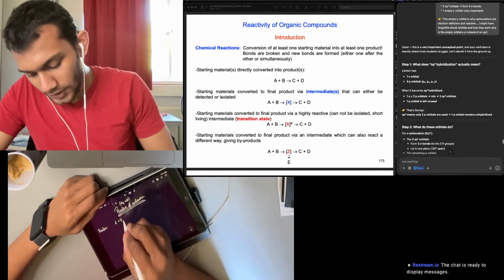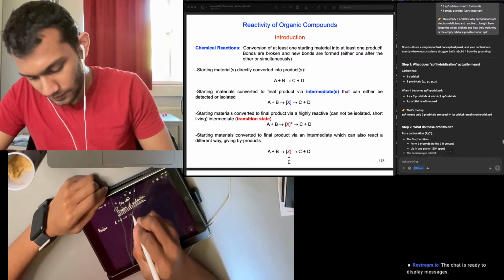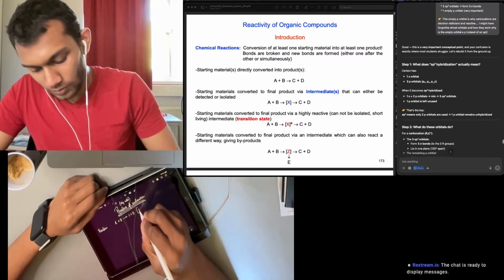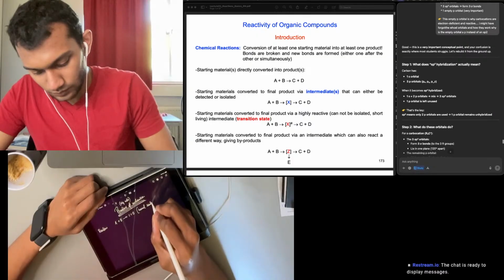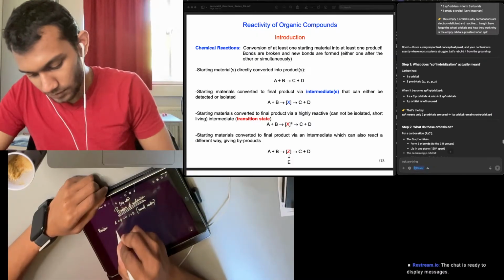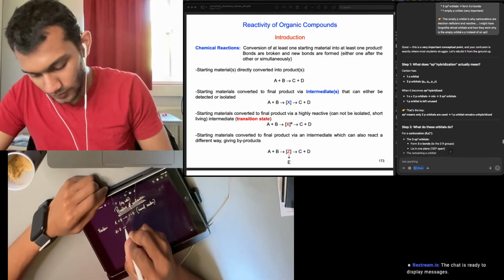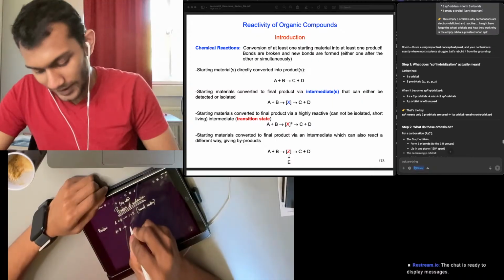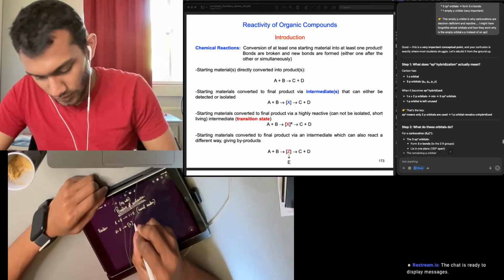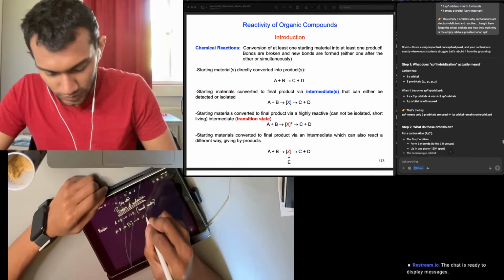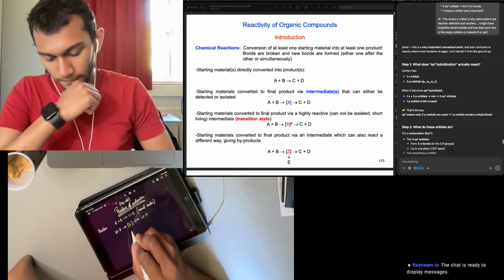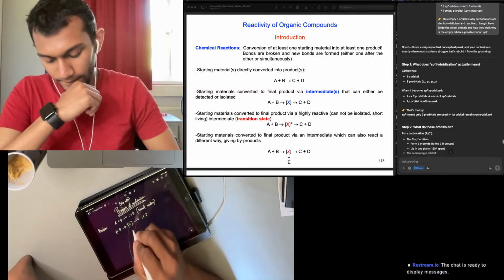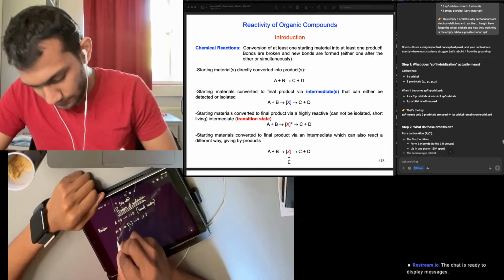A plus B gives C plus D. Normal reaction. A plus B gives X, which converts to C plus D. Intermediate.